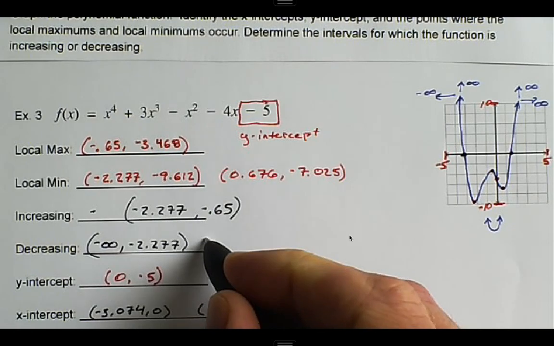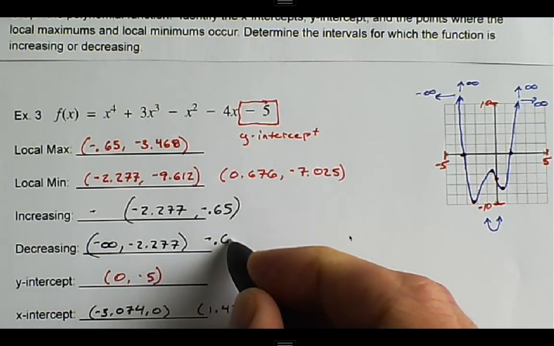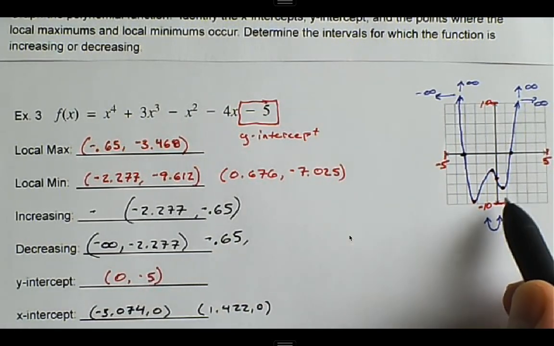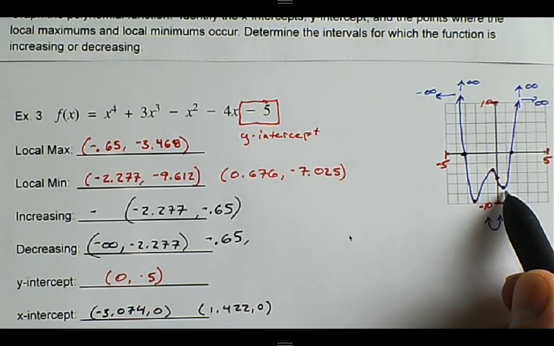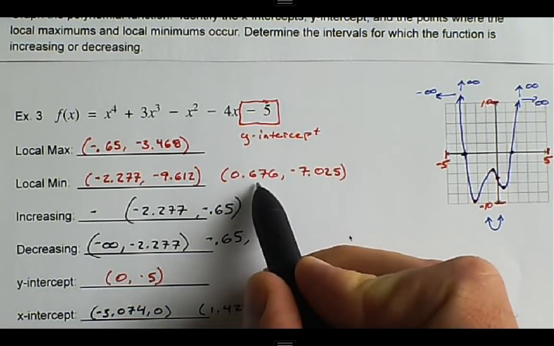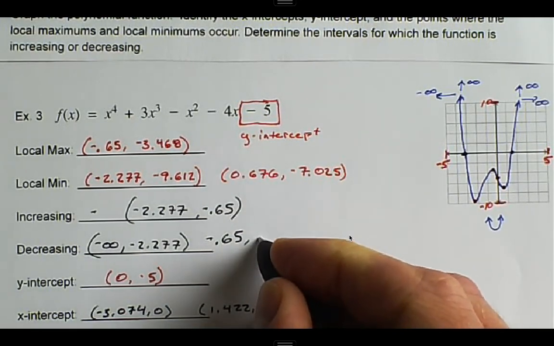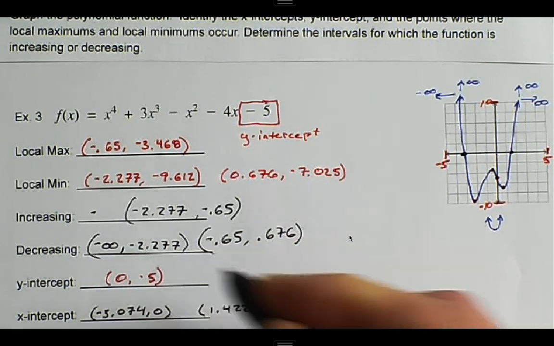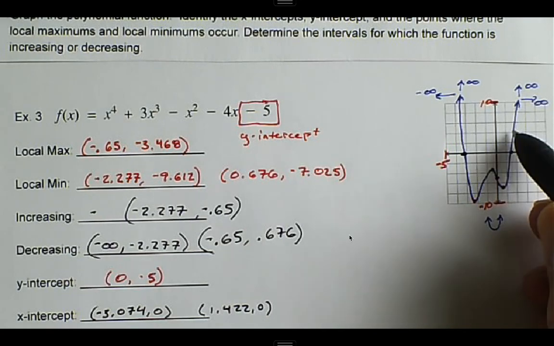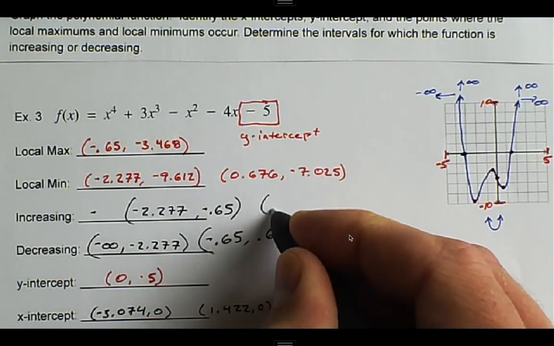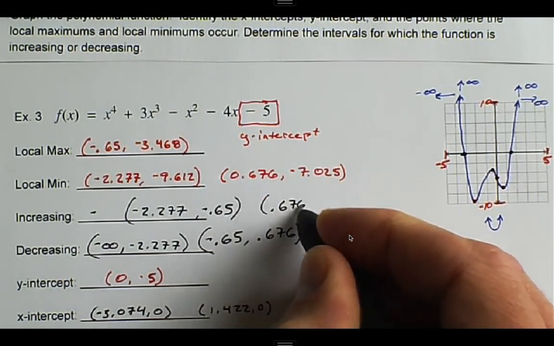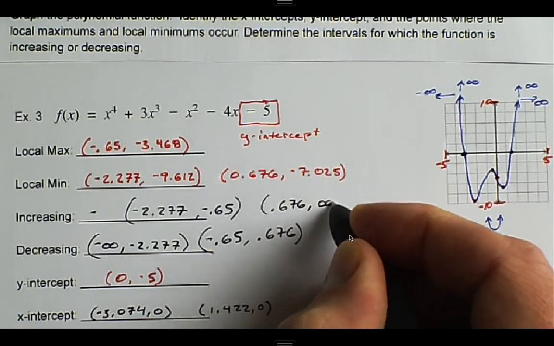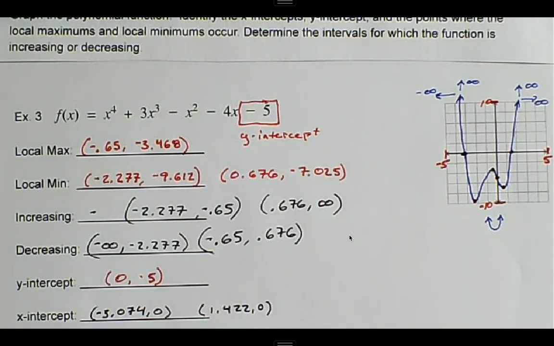We're going to start where we left off, negative 0.65, and go all the way to the x value of our local minimum, which is 0.676. And then at that point, we're going to turn to increase, and we're going to go from 0.676 all the way to infinity. And so we can see that it is continuing.